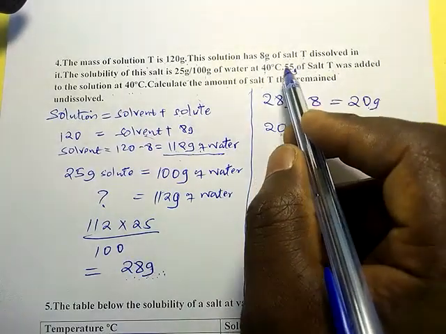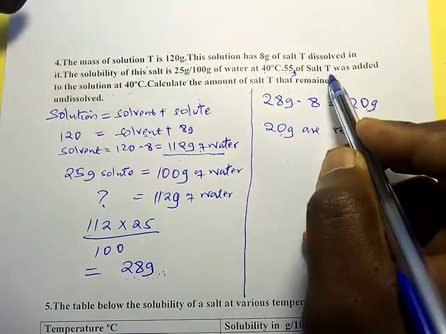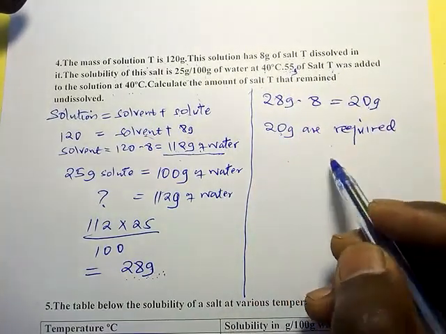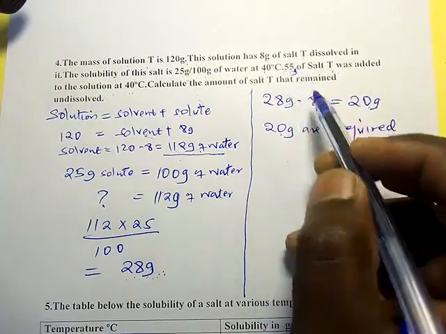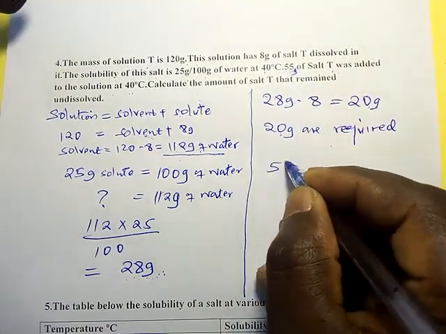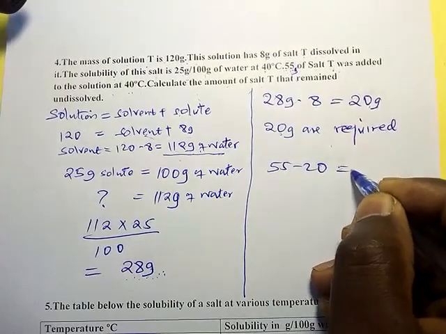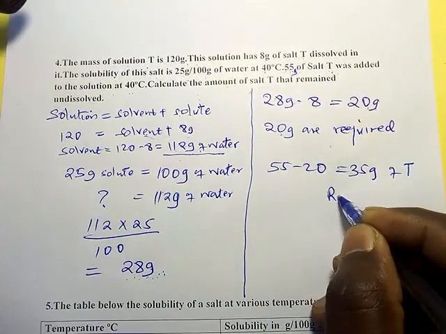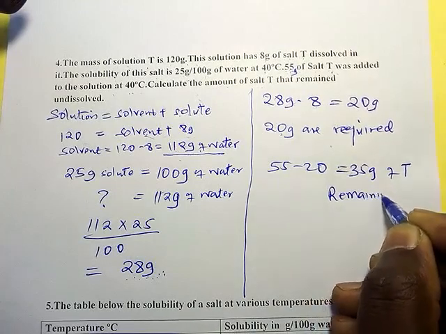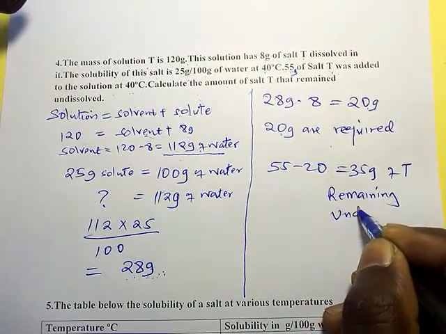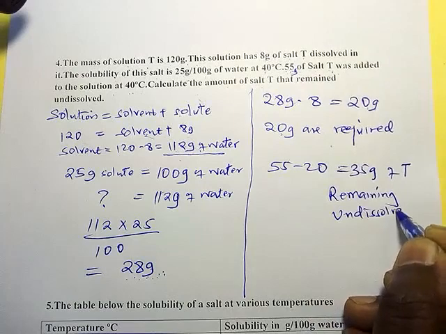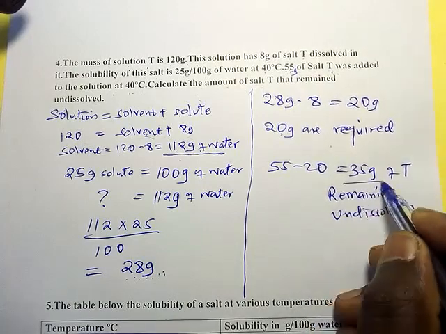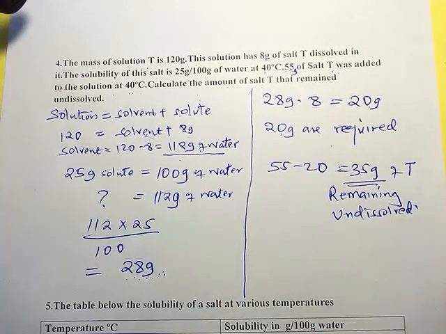But this person is adding 55 grams of salt T. What amount of salt will remain undissolved? So 55 minus 20, we will have 35 grams of T remaining undissolved. 35 grams remain undissolved.